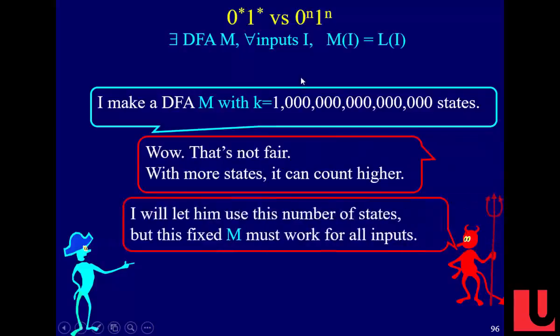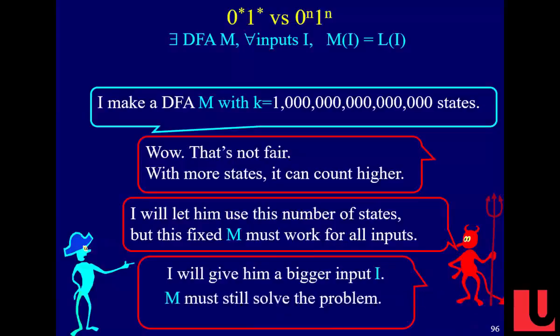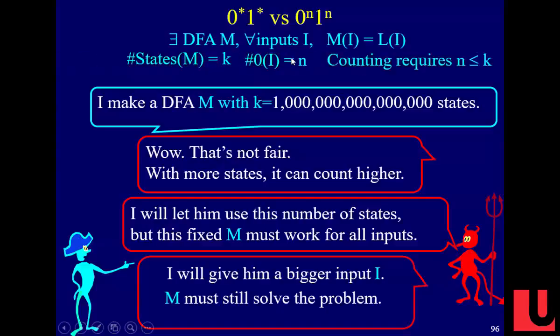But that's no good, because I can still come up with a bigger input. I'm going to make my input much, much bigger, with a lot more zeros. If you want to count up to n, you're going to need n zeros. If you only have k states, you can't count past k.